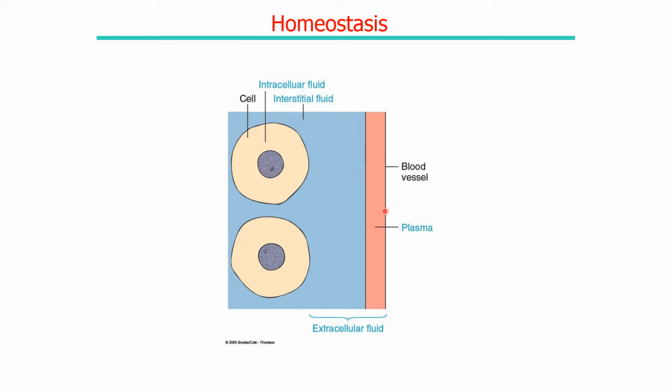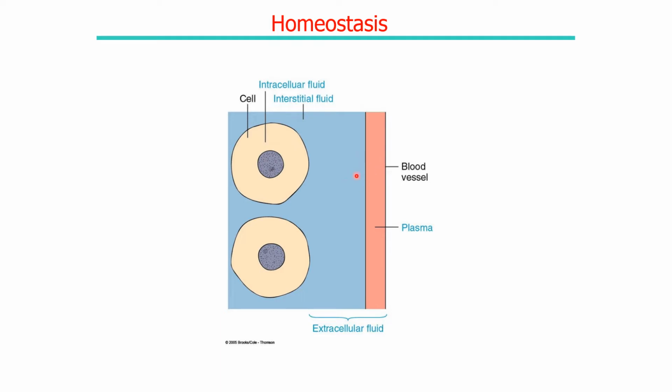Extracellular fluid is in two forms. It is the plasma that is running inside the blood vessels, and then there is interstitial fluid, and interstitial fluid is more. It is 3/4 of the total extracellular fluid, and 1/4 is the plasma in the human body.